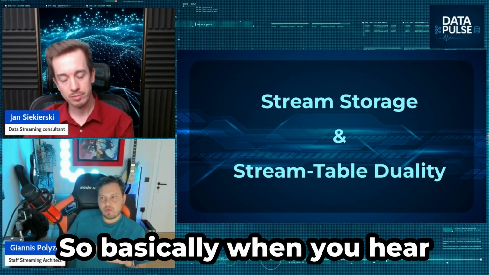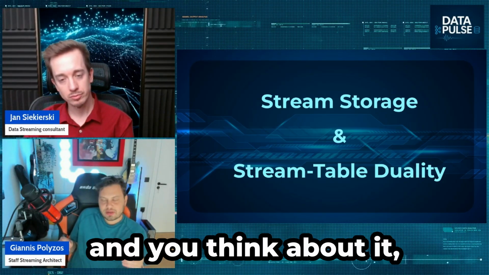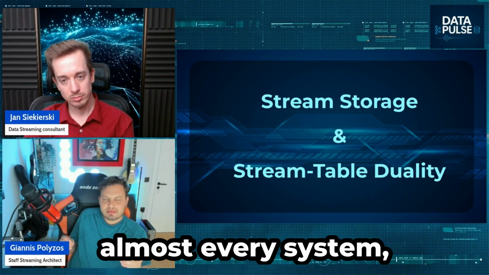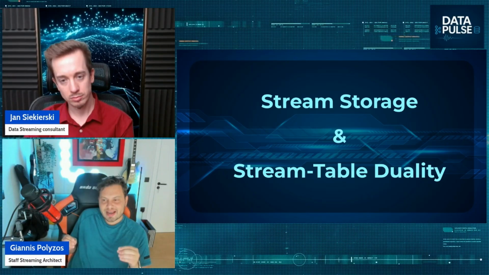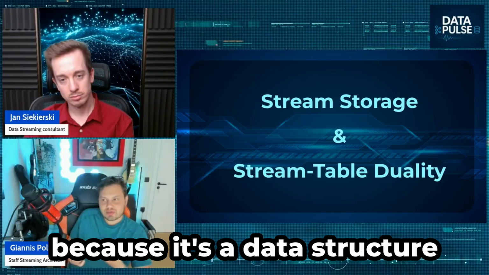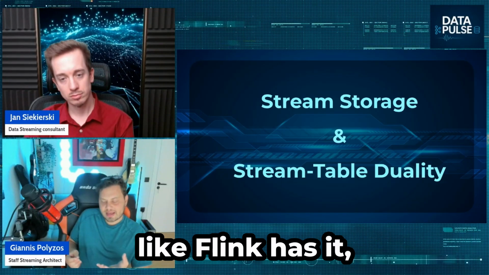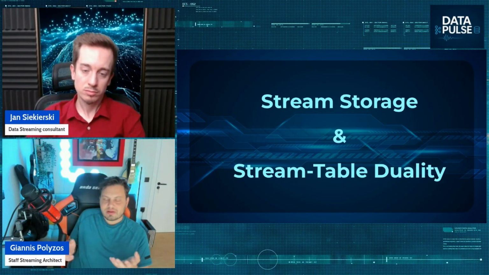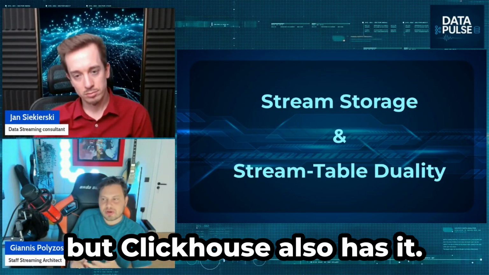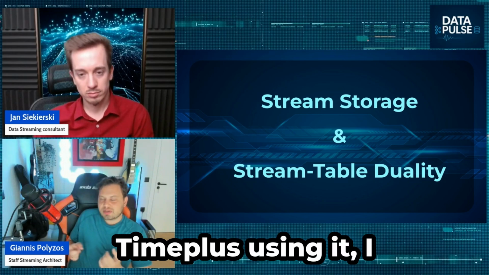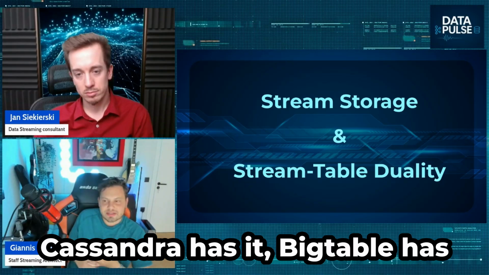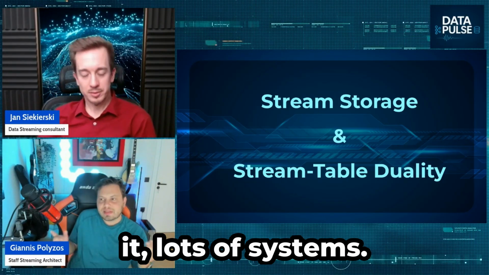When you hear about streaming and stream processing, in probably almost every system, the log-structured merge tree, with variations obviously, sits at its core because it's a data structure that was designed for streaming. Flink has it, RocksDB has it, and Paimon put it on the object storage, but Fluss also has it. TimePlus is using it. Bigtable has it. Lots of systems.